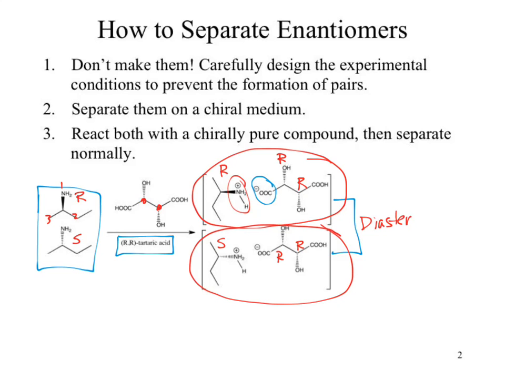We'll see some version of that. So they will now behave differently in solubility, melting points, and boiling points, and we can try and separate them that way. Yeah, because they have a different chiral orientation. Exactly right. Our standard physical properties are now different, whereas with our enantiomers, we don't have a difference in how they organize.